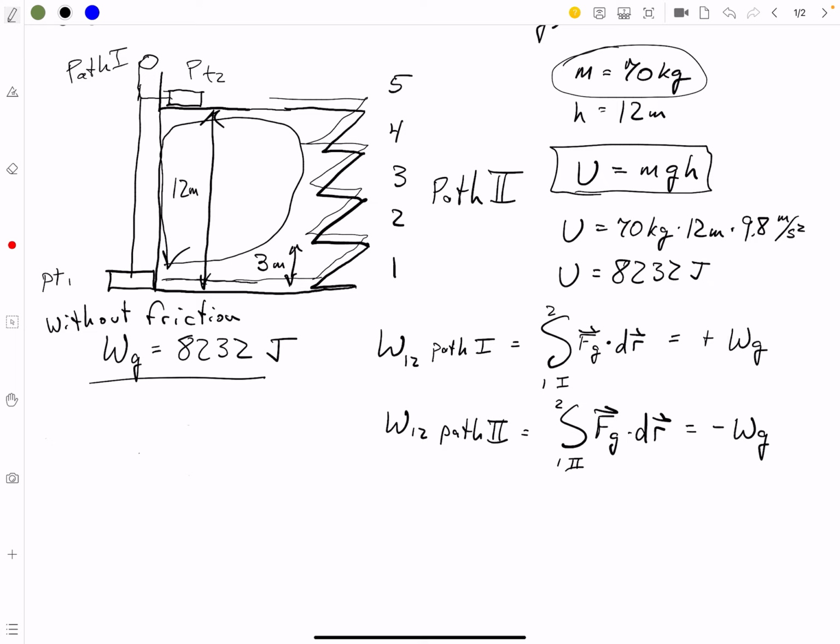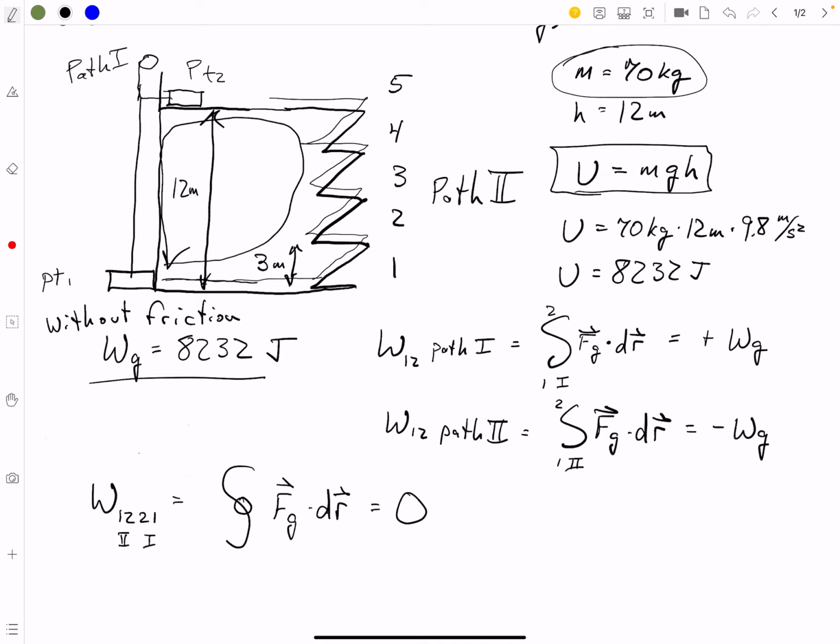So when we get our total work, 1 to 2, 2 to 1, over both paths, we've got path 2 here, path 1 there. That really equals, and here's a new symbol probably for you guys, the closed integral of the force of gravity times dr. And that equals 0. Okay, so why does that equal 0?